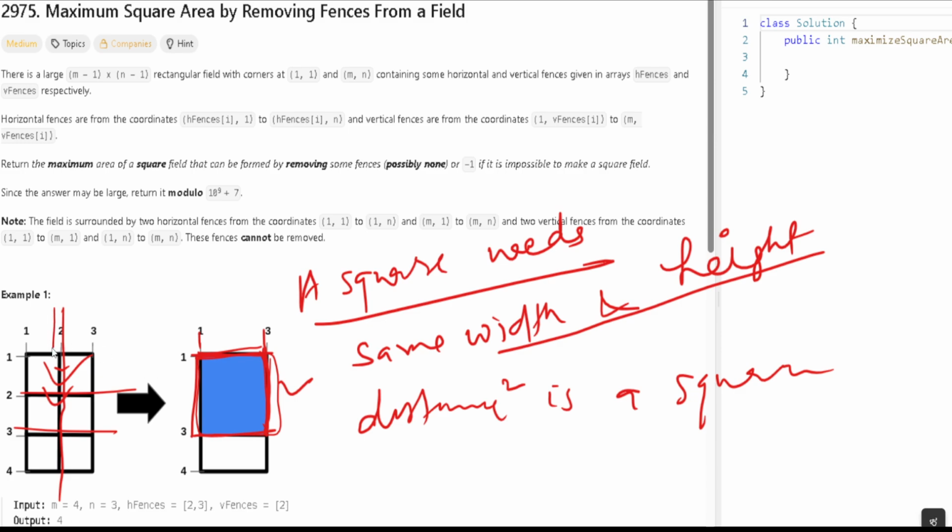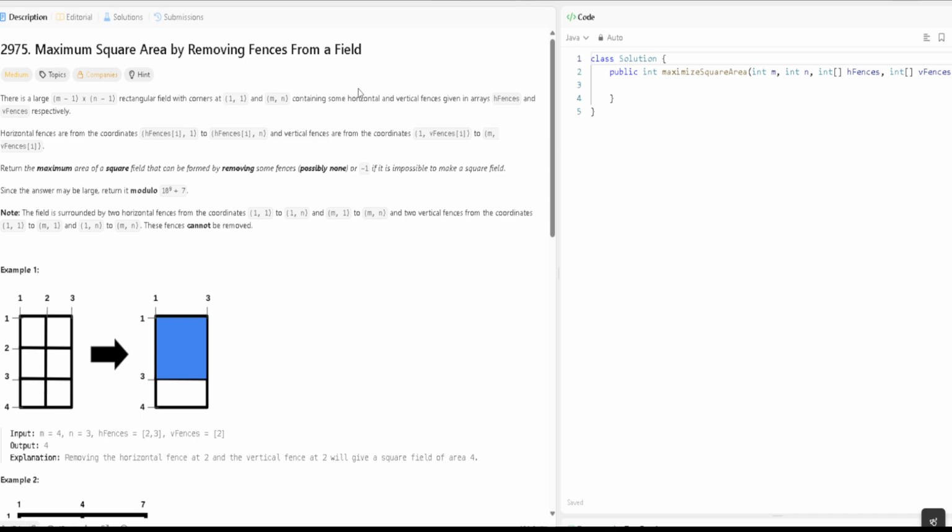So how the distances are calculated, that we should understand now. Let's think about how we will calculate the distance.